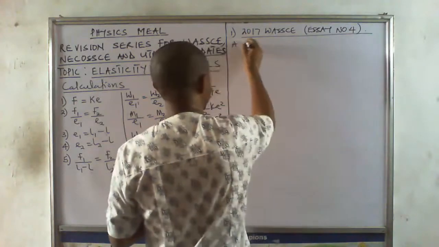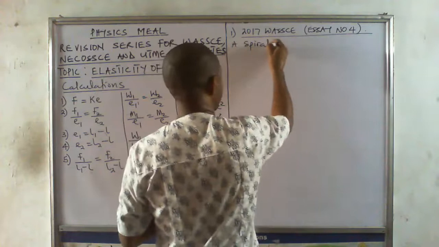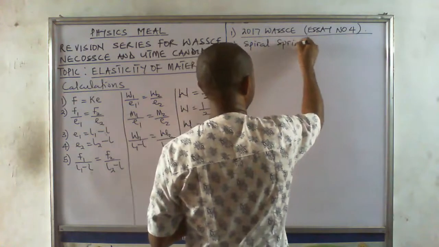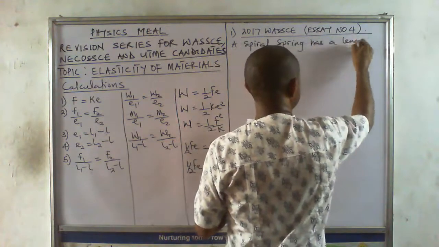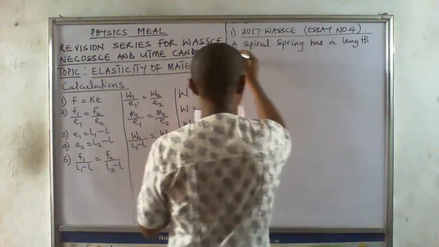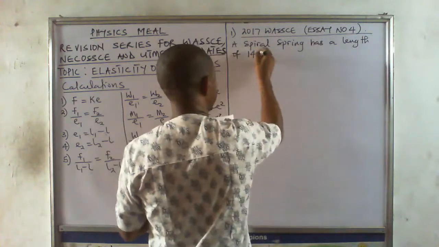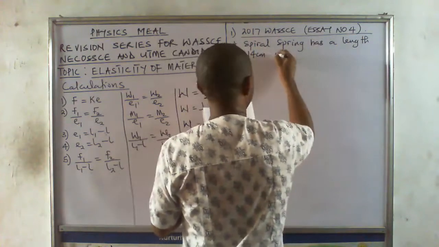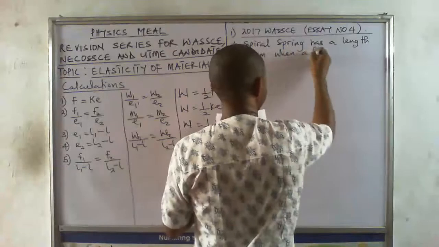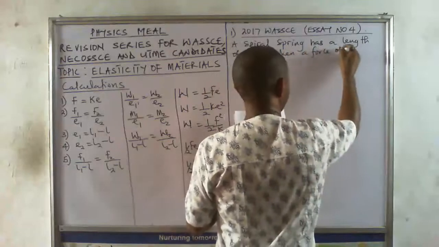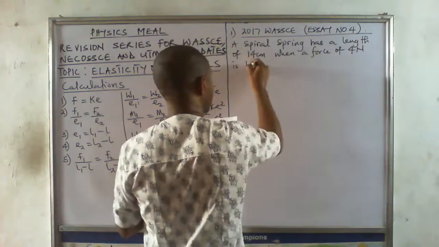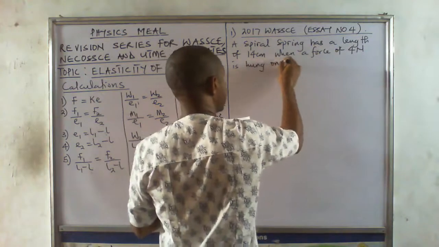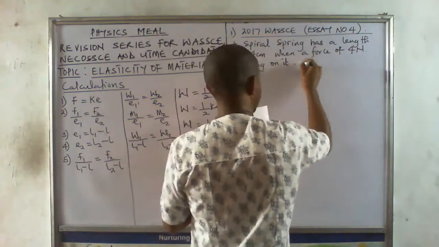They say a spiral spring has a length of 14 cm when a force of 4 Newton is hung on it.